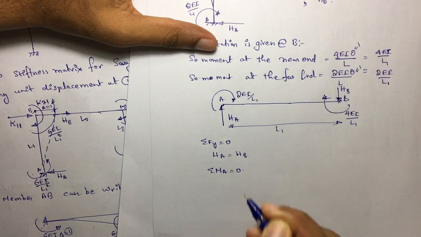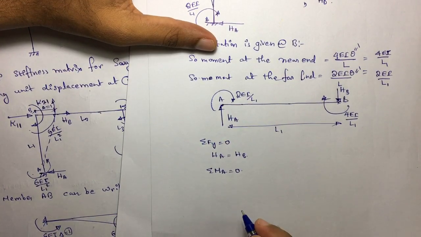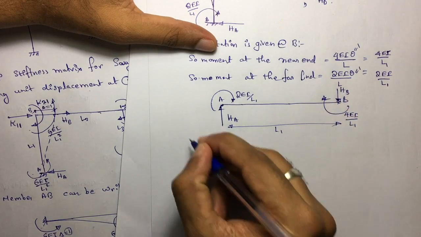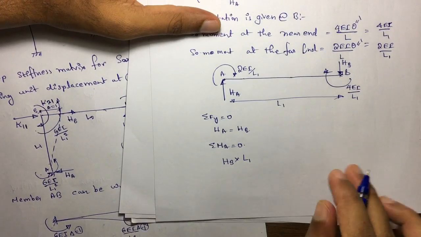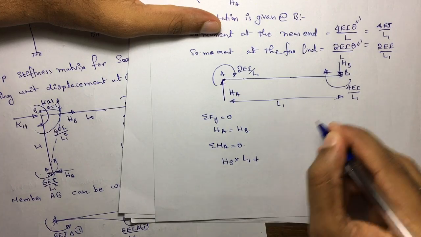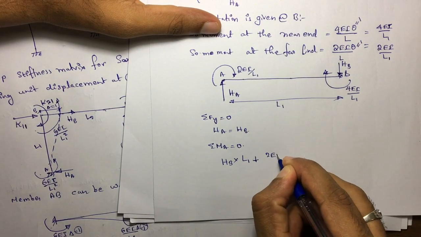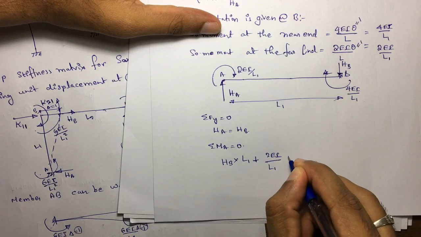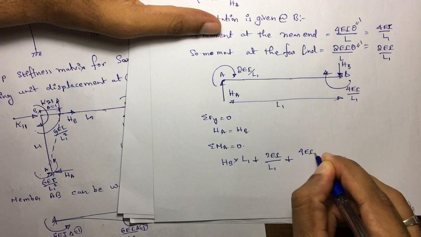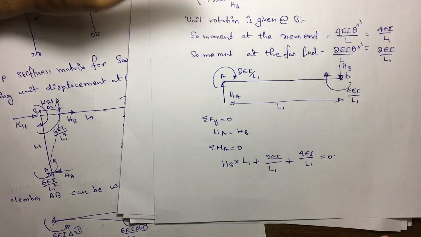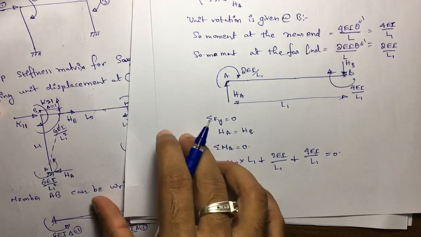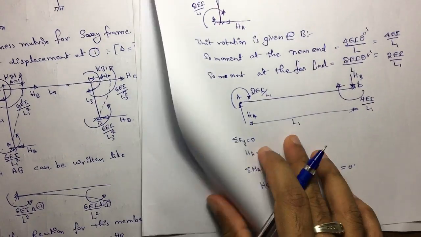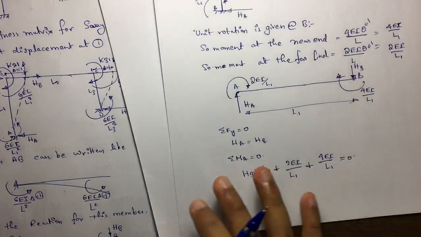Sigma MA is equal to 0. I have to take moment about A, therefore HB, if I apply HB clockwise, HB into length L1, HB into L1 plus 2EI divided by L1 plus 4EI divided by L1 is equal to 0.